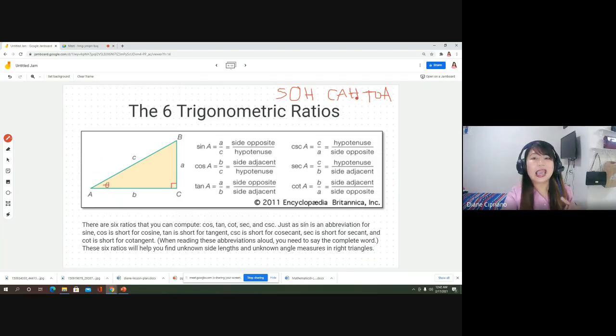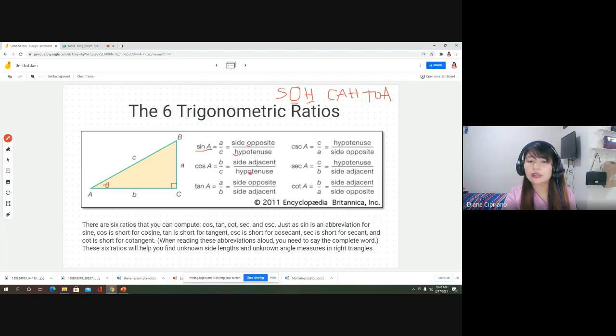So as simply as if you are referring to sine A, such as this theta, it is equal to opposite over hypotenuse.